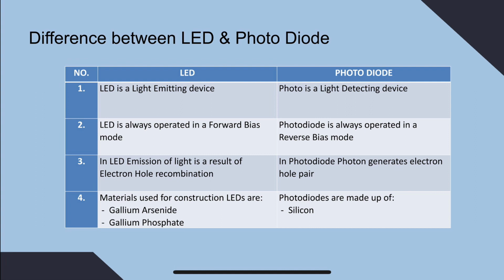In LED, emission of light is a result of electron-hole recombination, while in photodiode, a photon generates an electron-hole pair. Materials used for constructing LEDs are gallium arsenide and gallium phosphide, while photodiodes are made of silicon.